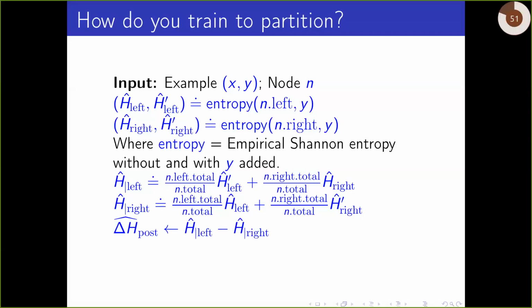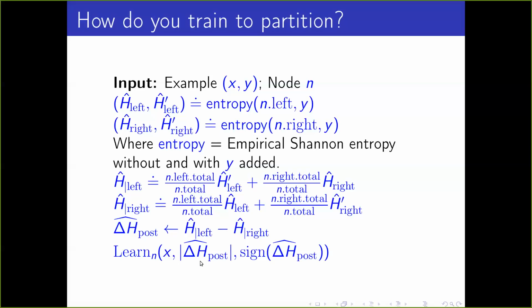Okay, so the difference in the left versus the right average Shannon entropies is this delta H hat, and then we can create an importance weighted binary data example where the label is the sign of that difference in entropies, and then the importance weight is equal to the magnitude.